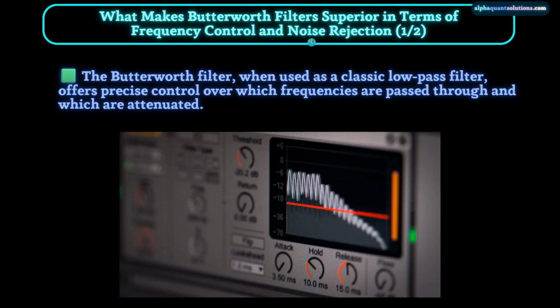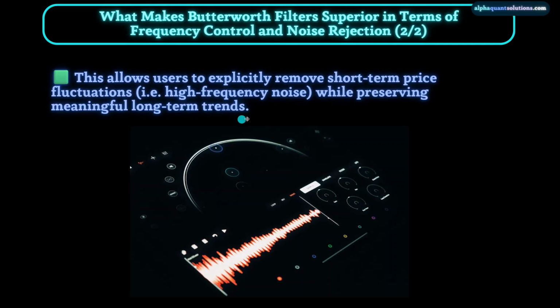So the Butterworth filter is superior in terms of frequency control and noise rejection when compared to the classical SMA and EMA. That is because we have precise control over which frequencies are passed through and which are attenuated. And in our case, we will use the classic low-pass filter configuration of the Butterworth filter. And why is that?